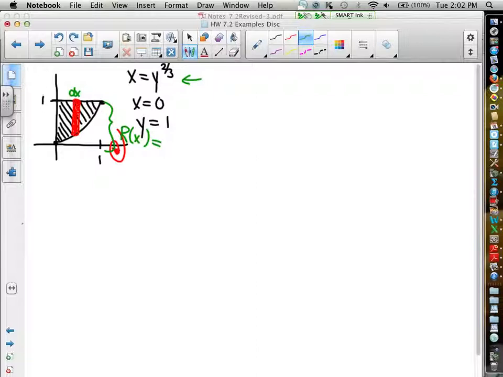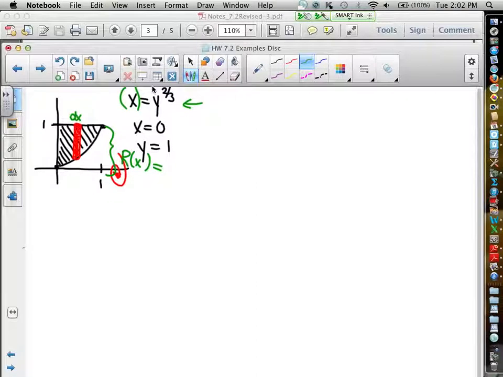I need it to be y equals x to the 3/2 power. It's not inverse. We're just solving for the other variable. Eventually you would shout out the right thing.